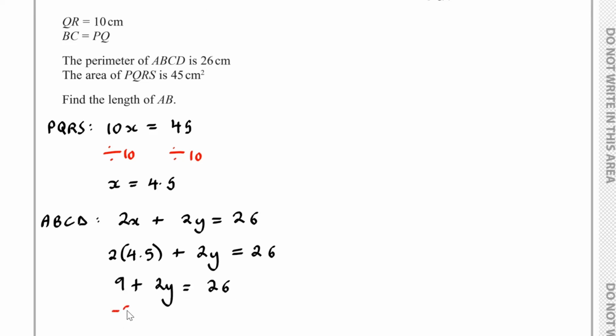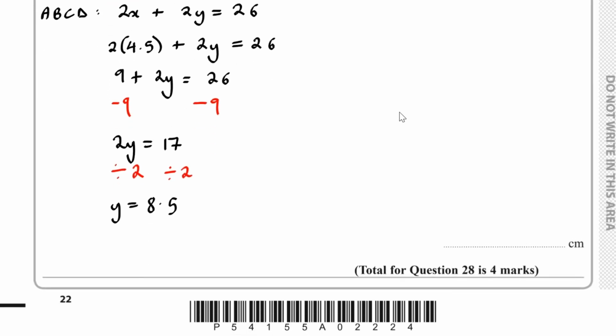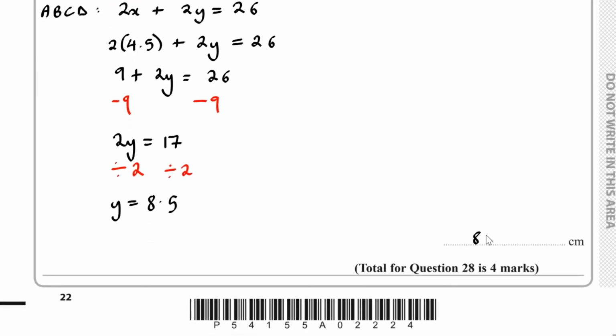If I subtract 9 from both sides, we see that 2y is equal to 17, and therefore dividing both sides by 2, we see that y is equal to 17 divided by 2, which is 8.5. So therefore we have 8.5 for the length of AB.